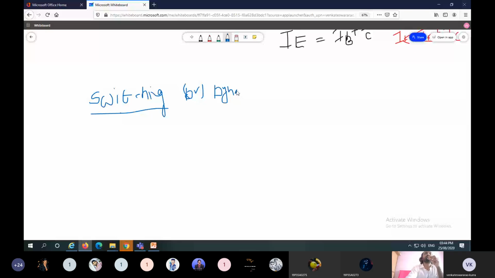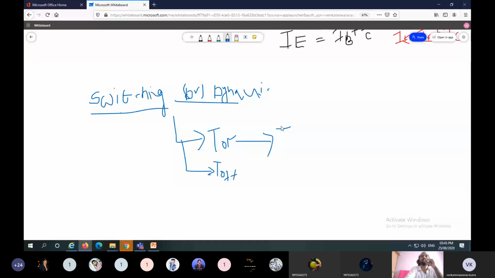So another name for switching characteristics is dynamic characteristics. These characteristics are classified into two types: turn on characteristics and turn off characteristics. Turn on characteristics are divided into three parts.